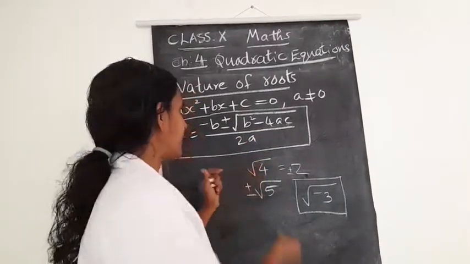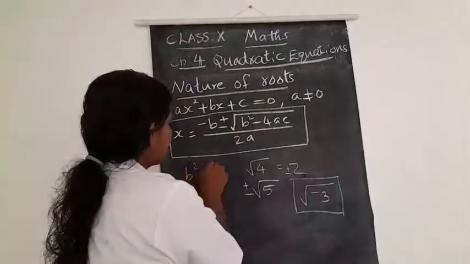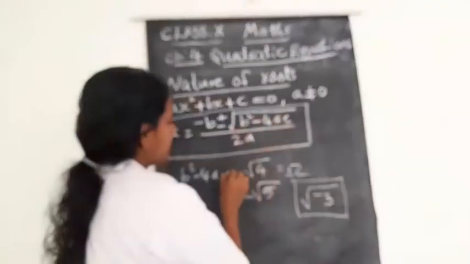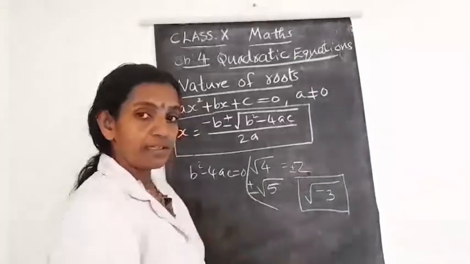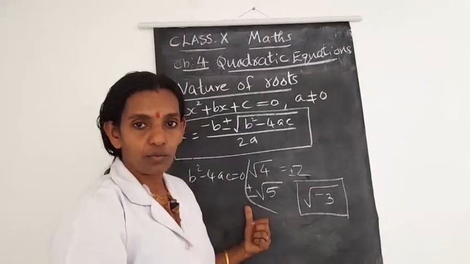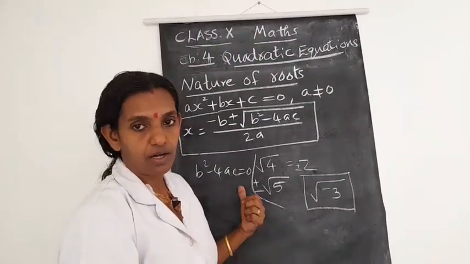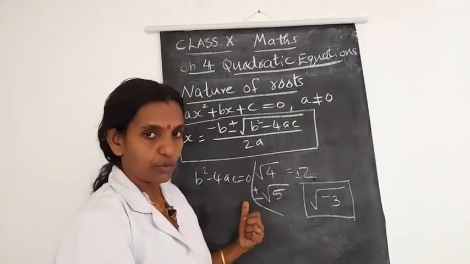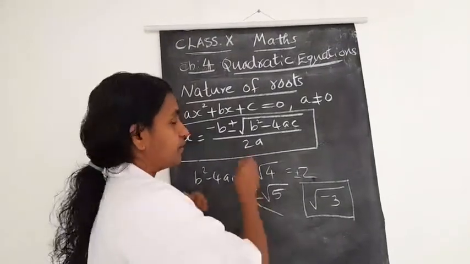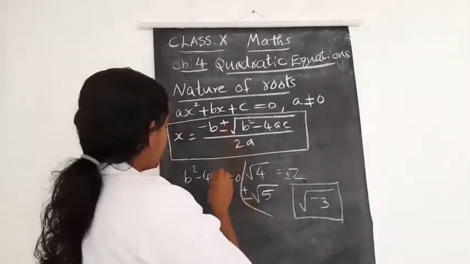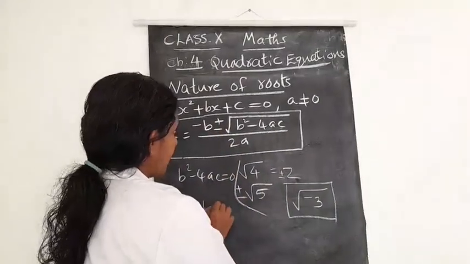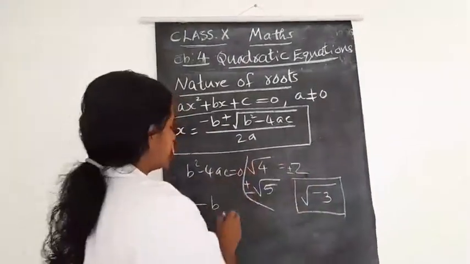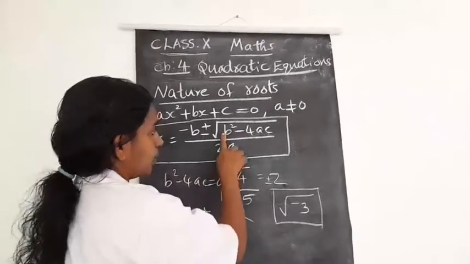Suppose the value of b² − 4ac equals 0. In the place of b² − 4ac, you are getting the number 0. Then what will happen? You have done some questions like that. Here you substitute negative b plus or minus root of 0.